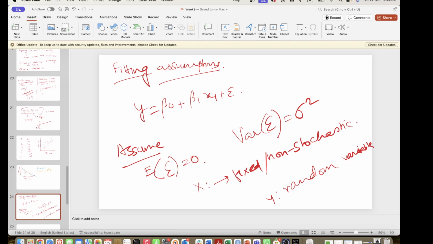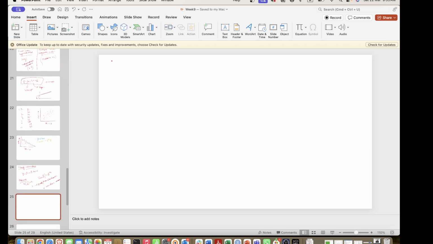Now, how are we going to fit the model? Estimation of parameters can be done in two ways.